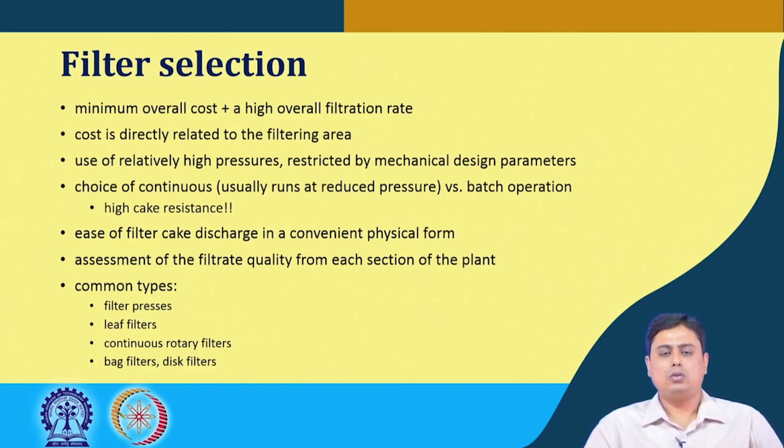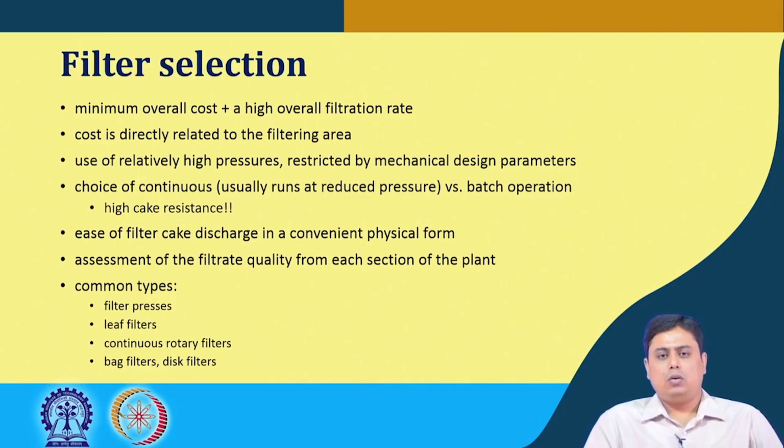But there are also certain other points before you zero in on a certain type of filter or equipment. Typically in filtration operations the filter equipment should handle a relatively high pressure, but the maximum limit would be restricted by its mechanical design parameters.